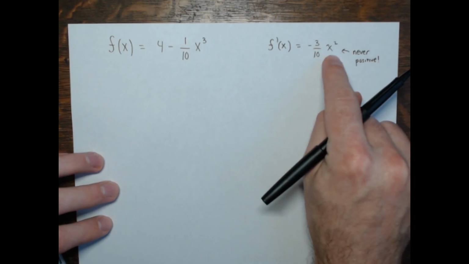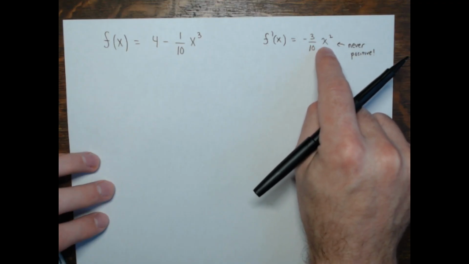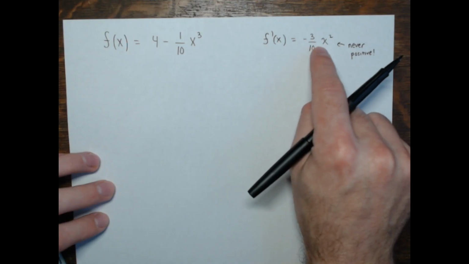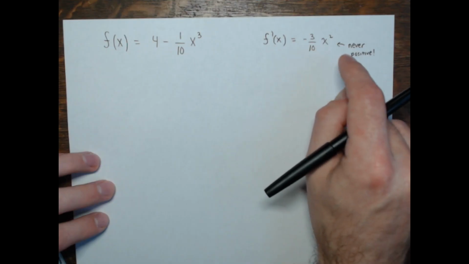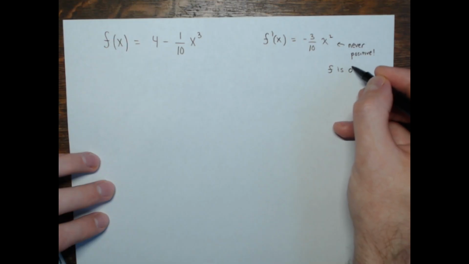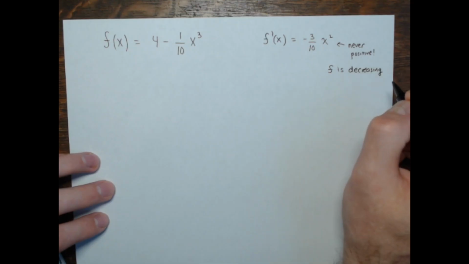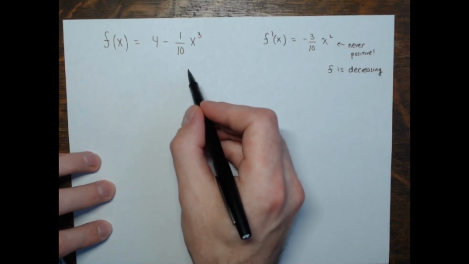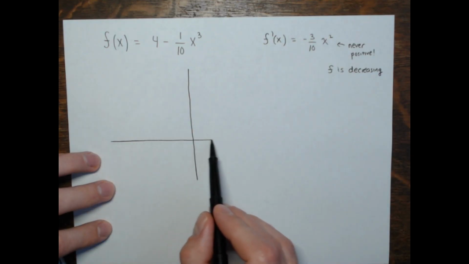No matter what real number you plug in for x, it'll be a negative number times some non-negative number. So it'll be non-positive, never positive. So that means f is a decreasing function or non-increasing. So I'll use that information to help me when I plug in these values.